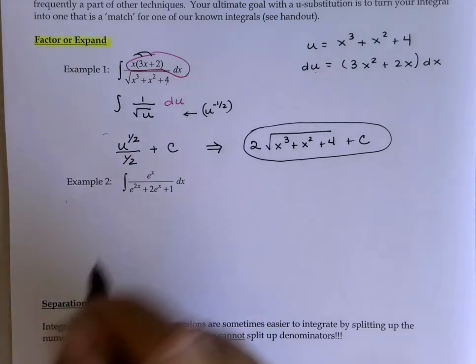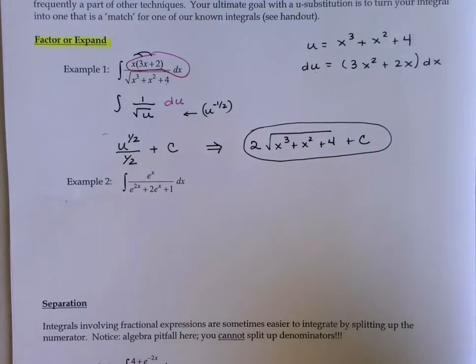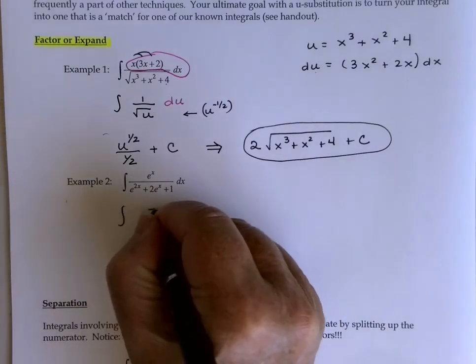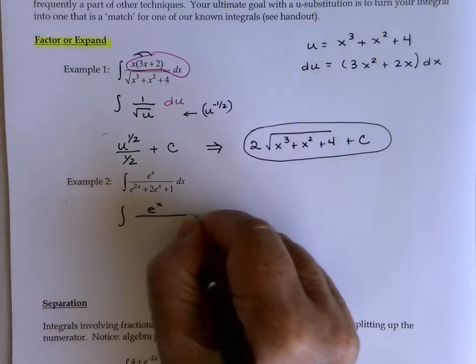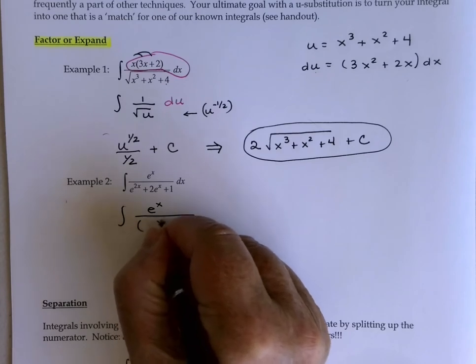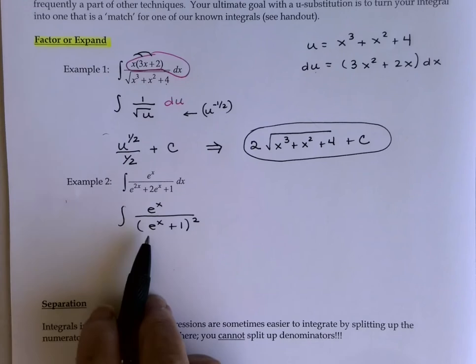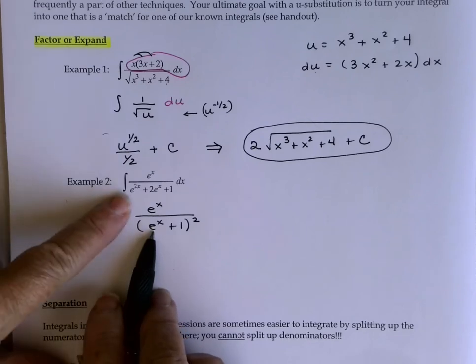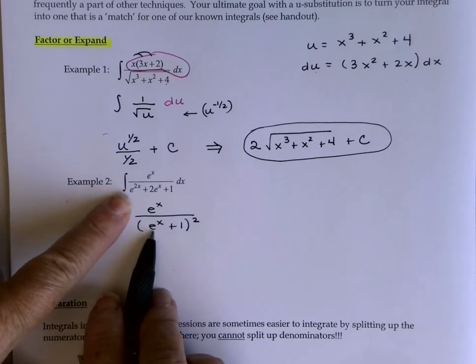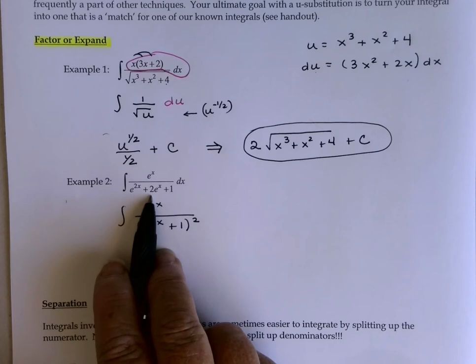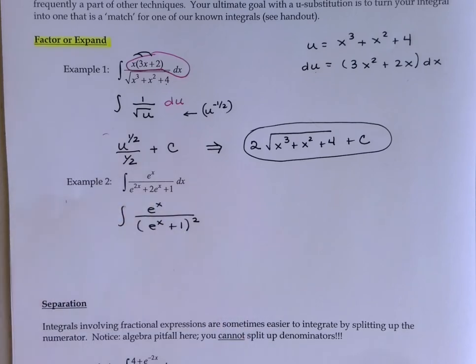So instead, I'm looking at that denominator thinking, actually, that looks like I could factor it. I think that's a perfect square. Isn't that just e to the x plus 1 times itself, or squared? Right? E to the x times e to the x would be e to the 2x. Outers and inners will be 1 e to the x. When you add them, you'll get 2 e to the x plus the 1.